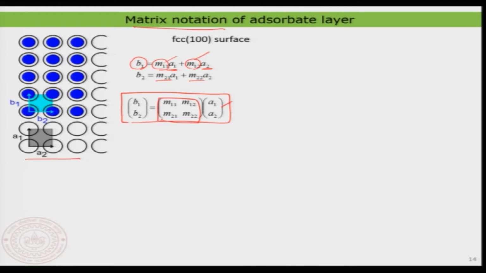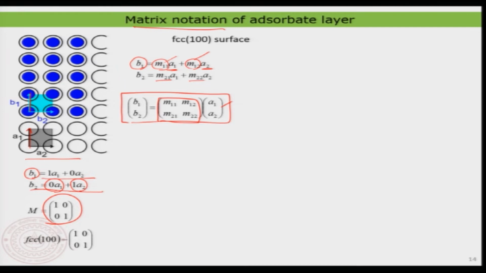For B1, it is 1 times A1 and 0 times A2, and for B2, it is 0 times A1 plus 1 times A2. So the metric is 1 0 0 1, and the surface can be named as FCC 100 followed by the metric notation corresponding to this particular Adlayer.